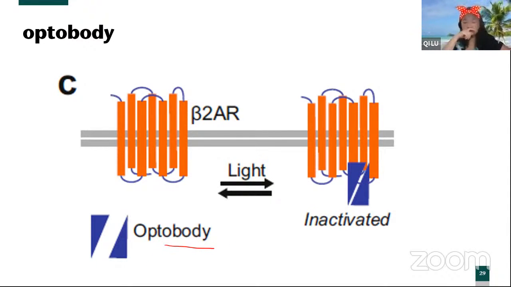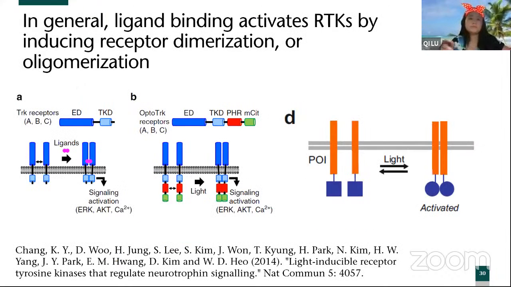Last time in the previous lecture, this optobody was mentioned, but it was not very clear, so I just ignored that part. But this chapter clearly shows that it's based on an antibody, and it uses light to activate these antibody functions and stop the function of the G protein coupled receptor.